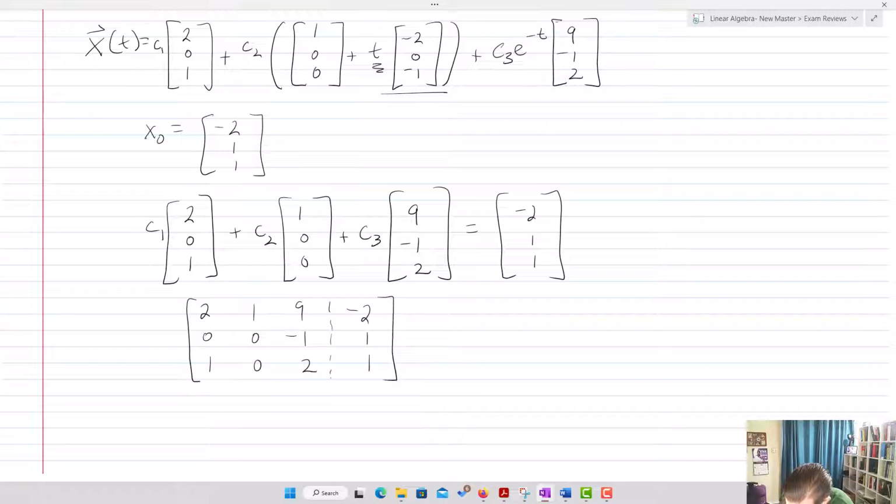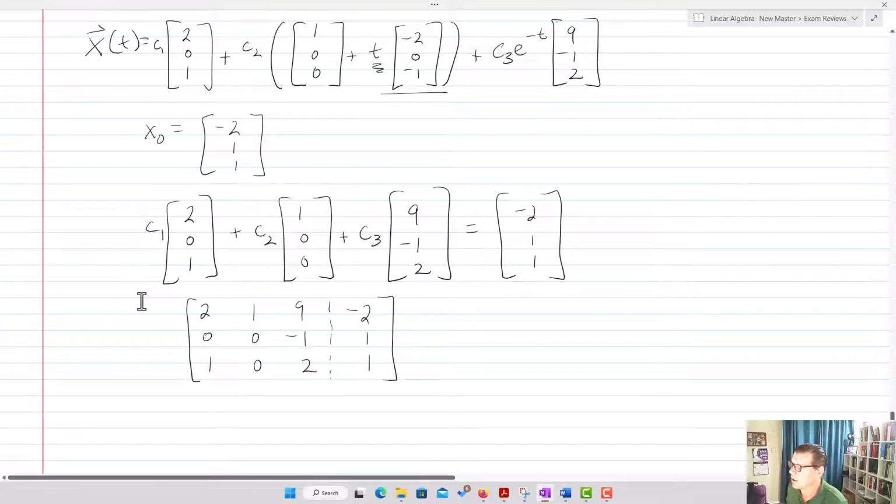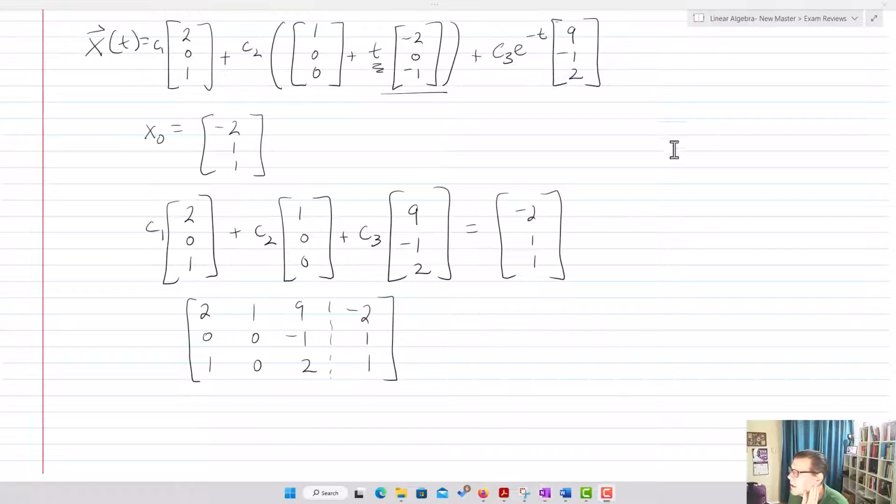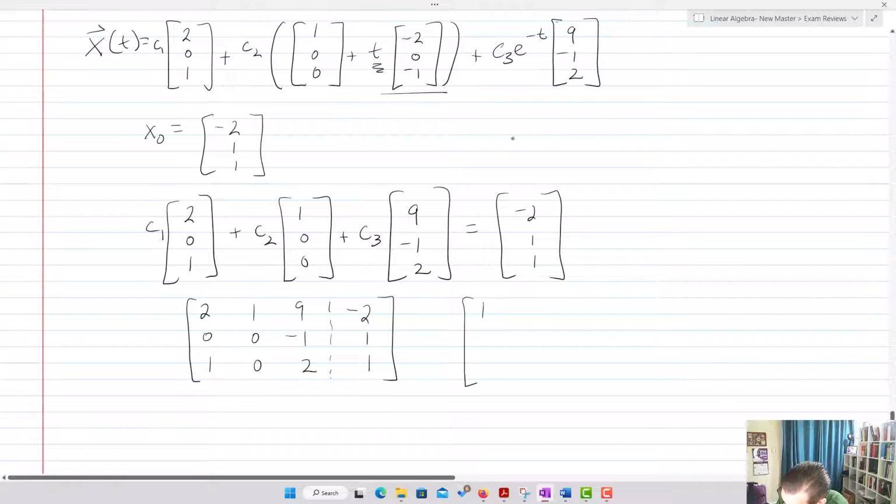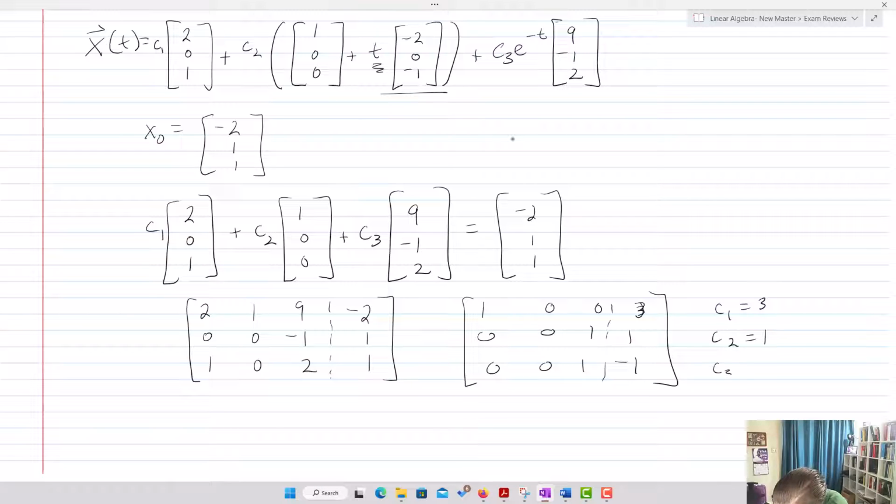And when I solve the system, I get 1, 0, 0, 3, 0, 1, 0, 1, 0, 0, 1, negative 1. So C1 equals 3, C2 equals 1, and C3 equals negative 1.